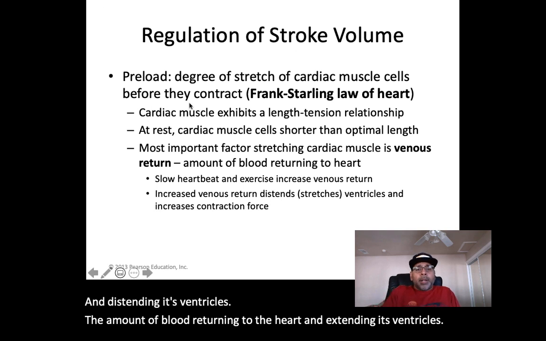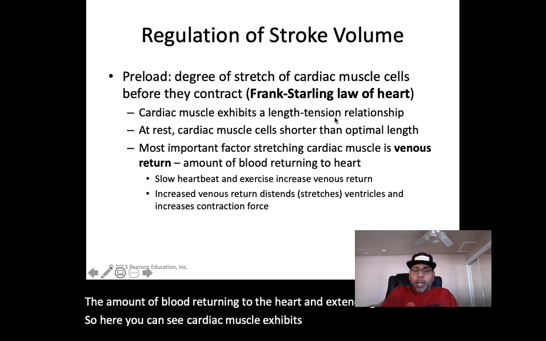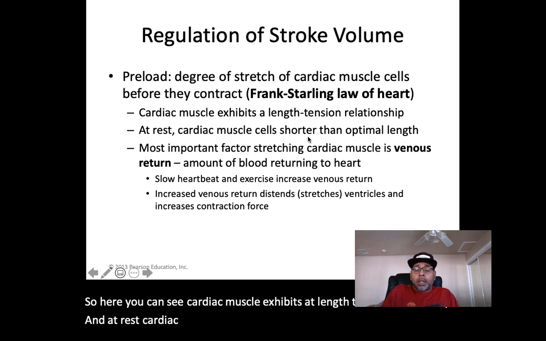Cardiac muscle exhibits a length-tension relationship, and at rest, cardiac cells are shorter than optimal length.